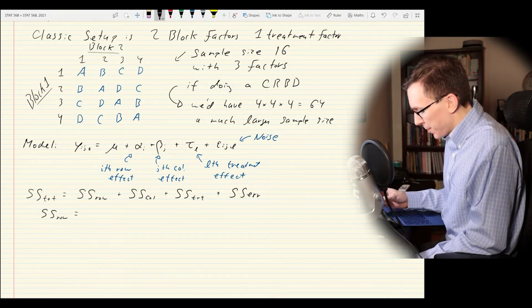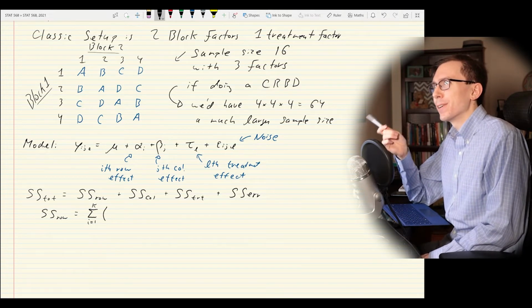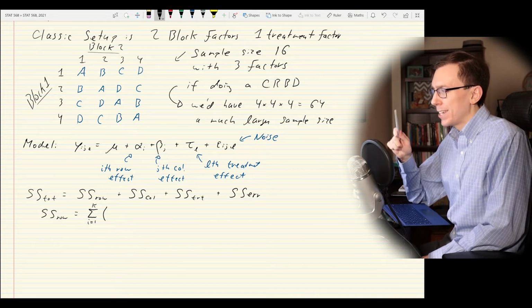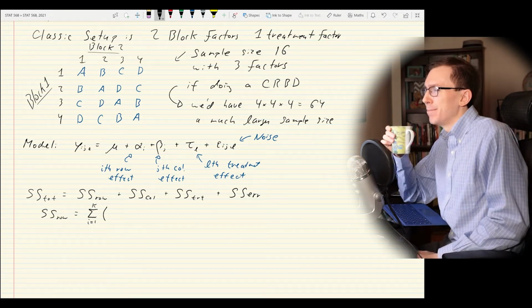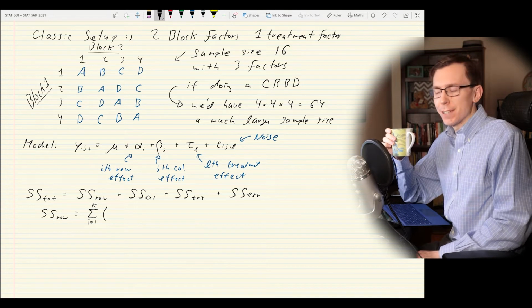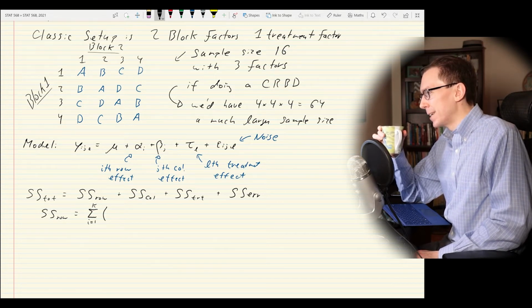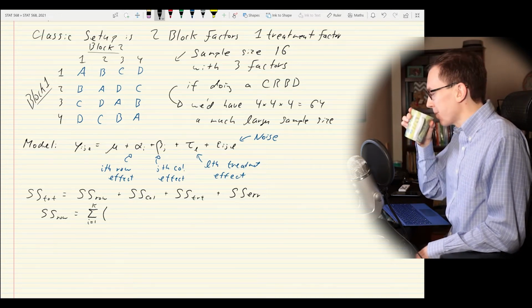For the row sum of squares, what we do is we sum i from 1 to k. And remember, one of the weird little subtleties of the Latin square is that all of the factors, block and treatment, all have to have the same number of levels, which is a little bit restrictive, because oftentimes you may not have the same number of levels for each factor.